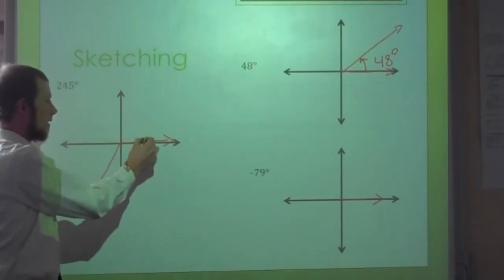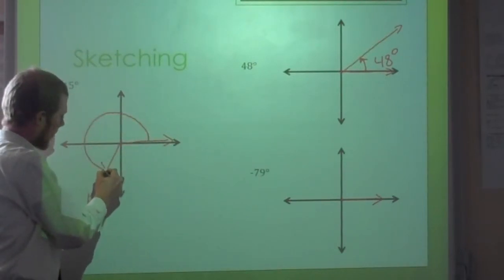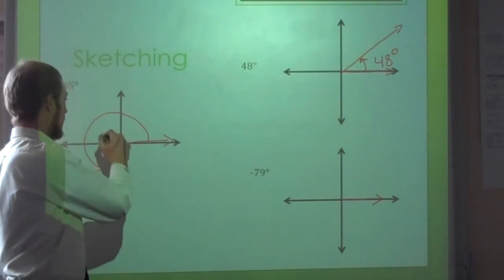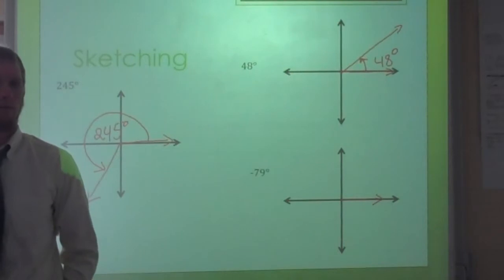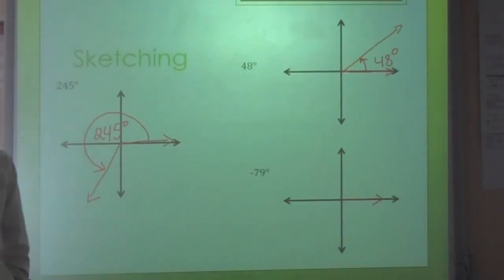I'm going in the positive direction, like that, and this becomes my 245 degrees.